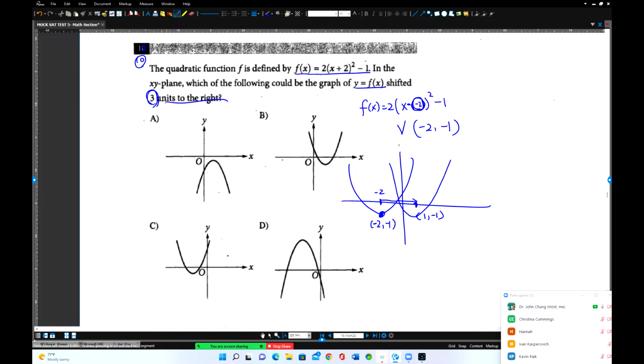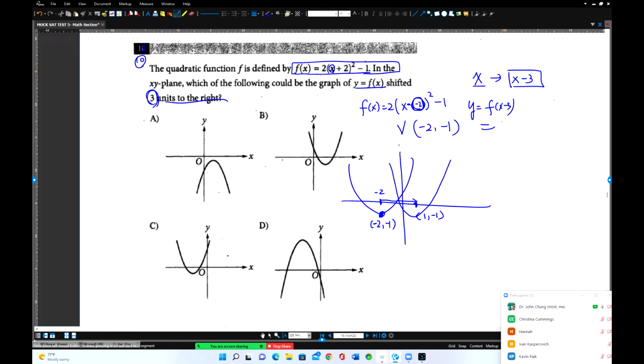Or using expressions, 3 units right, you can replace x with x minus 3, right? That is 3 units right. So put this in: y equals f of x minus 3. What is that?